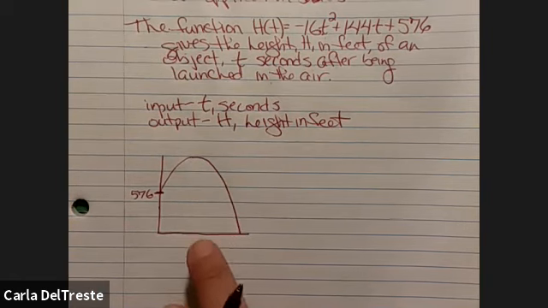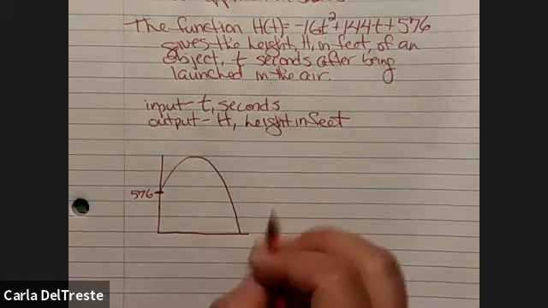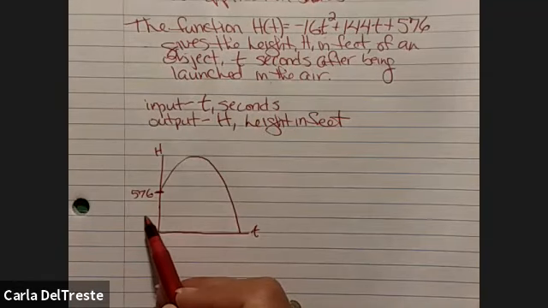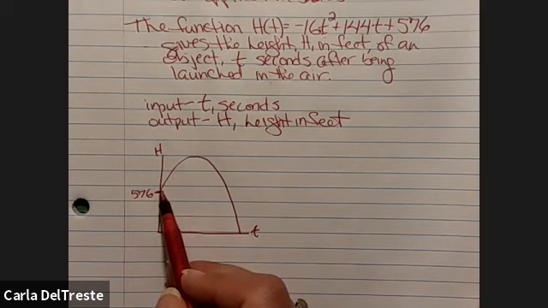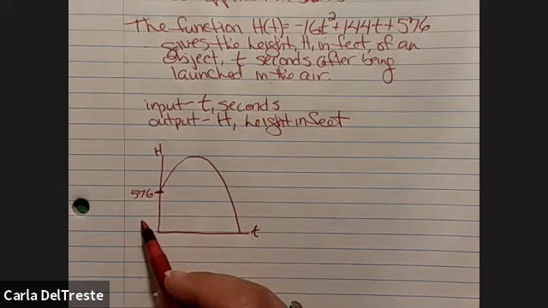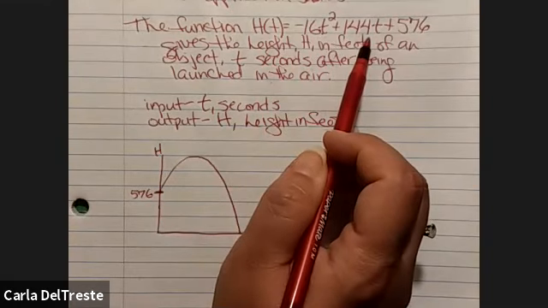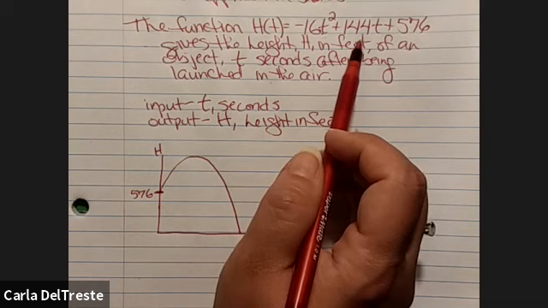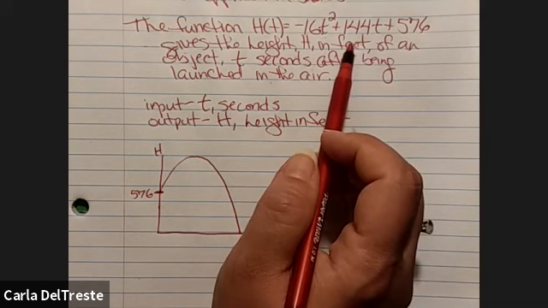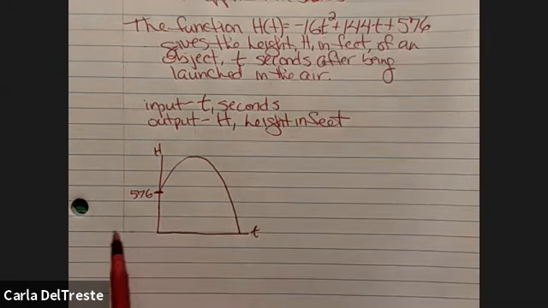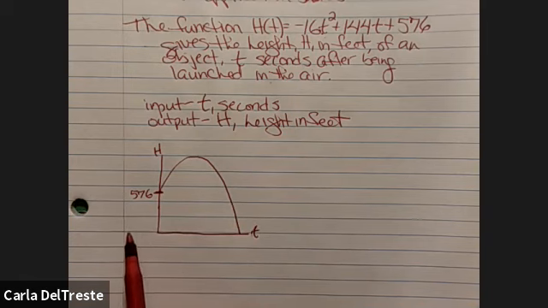The reason why this picture is so important is because, do I care what happened before I launched the object? Not at all, okay? But keep in mind, this function, when you graph it in your calculator or on Desmos, will show a complete parabola. This is about knowing your domain and your range, okay? Negative t values, negative time, is not going to make sense, okay?